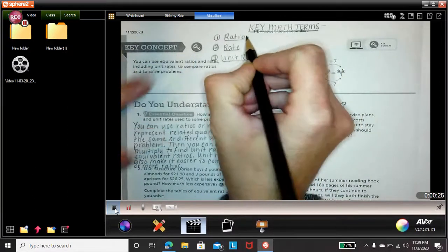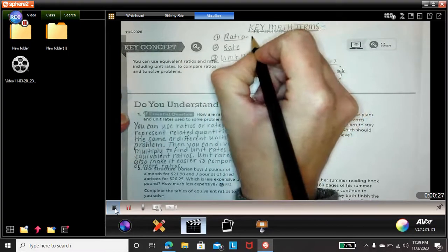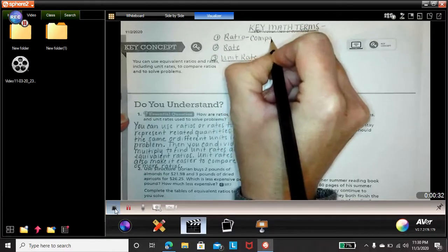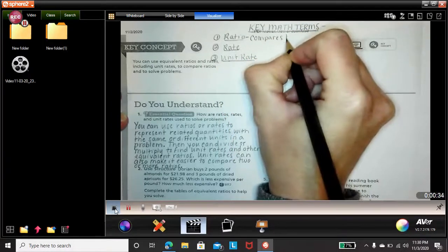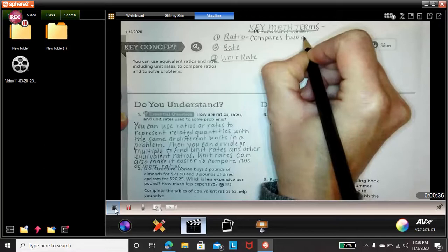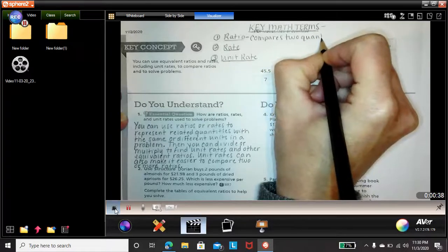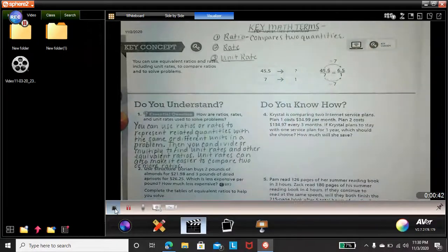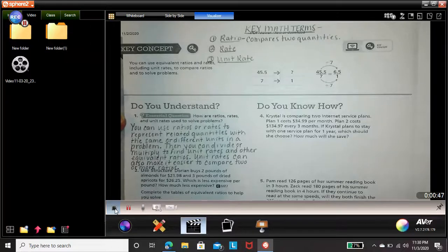First, the term ratio means to compare two quantities. These quantities will have the same unit of measure.